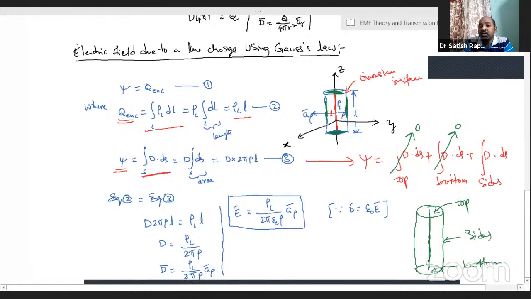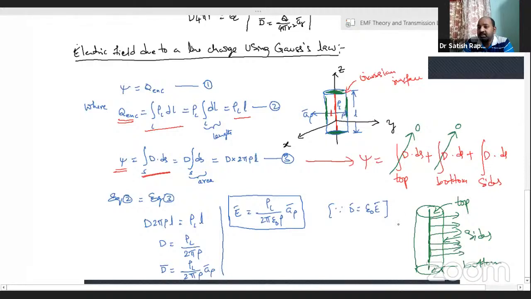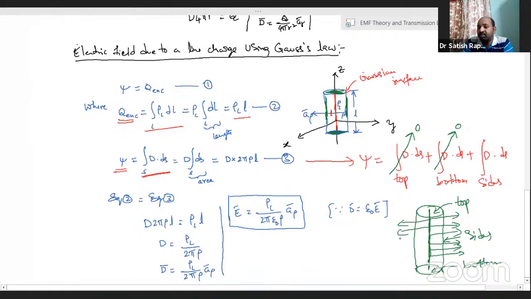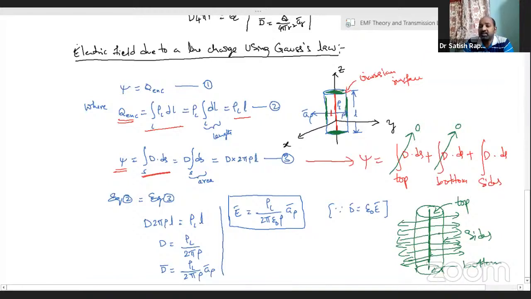As we know, the electric field due to a line charge is normal to the line charge, always directed like this, and in this direction also, everywhere normal to the line charge. These are the flux lines.